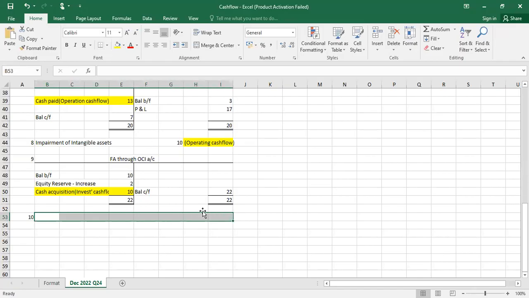Be careful, which financial asset is that? You have two types of financial assets. One, you have the financial assets through OCI, the non-current. And then when you look at the current assets, we again have financial assets.